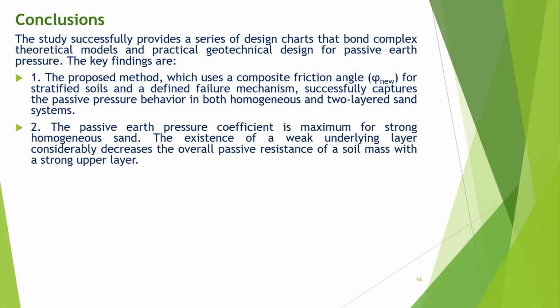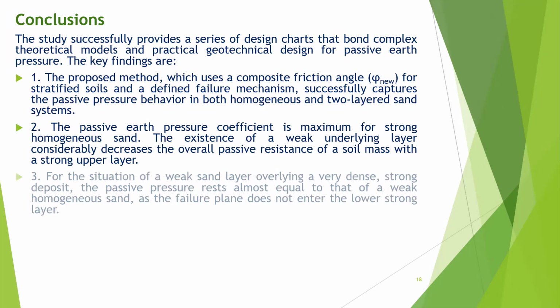The passive earth pressure coefficient is maximum for strong homogeneous sand, and the existence of a weak underlying layer considerably decreases the overall passive resistance of a soil mass with a stronger upper layer.